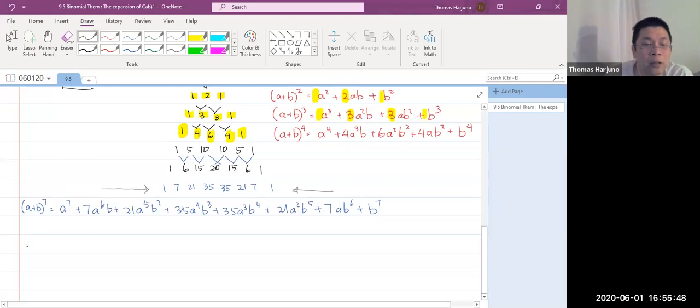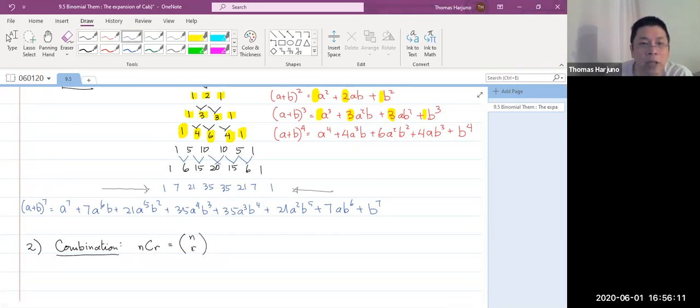The second method is the combination method. In our calculator, you will see the notation nCr. But in our textbook, you will see the notation n over r in parentheses. Notice that when I write this here, it is without the fraction line.